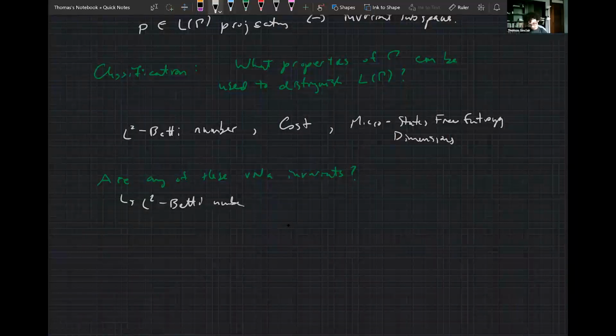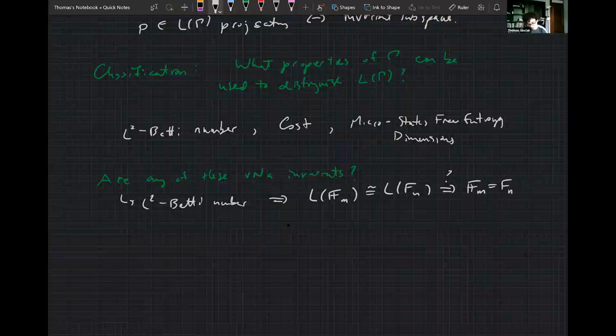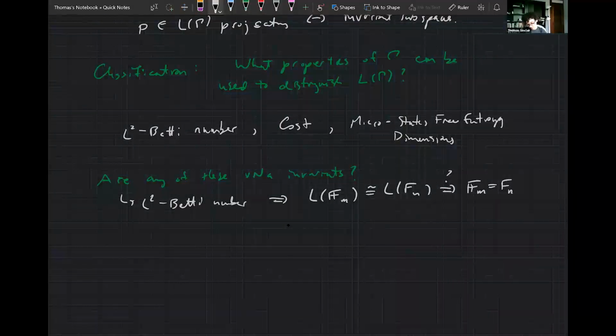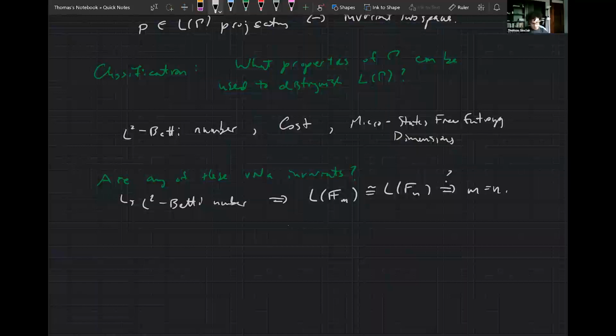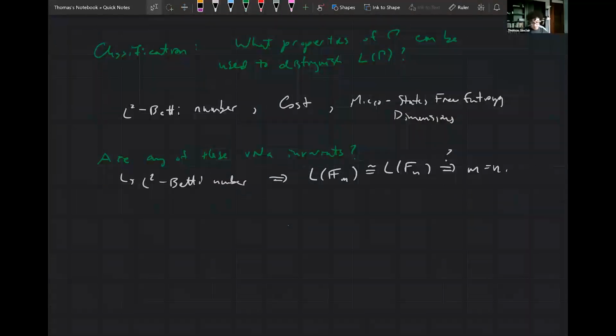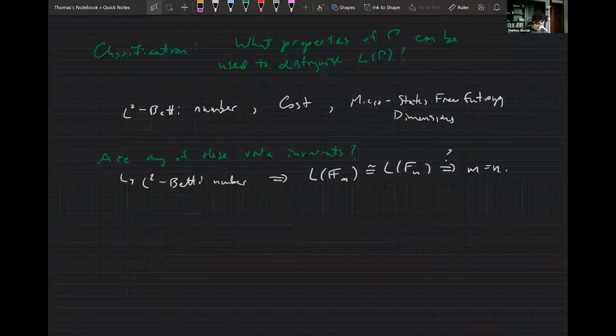If the group von Neumann algebra of the free group on M generators is isomorphic to that of the free group on N generators, does that imply the ranks are the same? Well, M equals N, really. Of course, free groups are not isomorphic because their abelianizations have different rank, but that has no purchase in von Neumann algebra theory because abelian rank is not defined. Anyway.